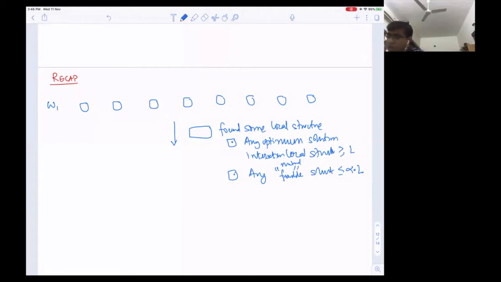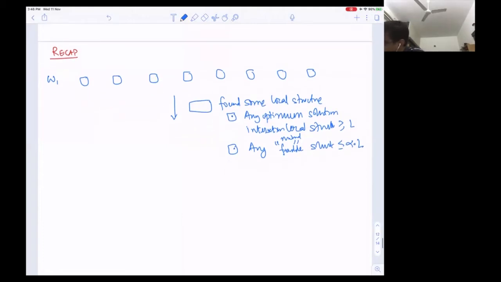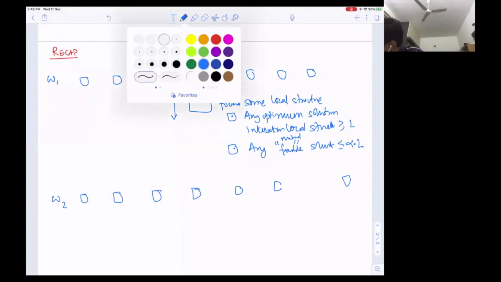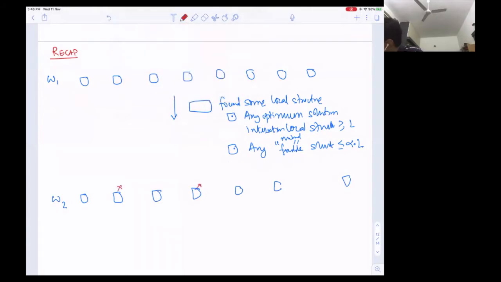Okay, so this is how we went around, and essentially how did we get from W1 to another weight function? It was essentially the same weight function, except at some coordinates we subtracted the same quantity. Okay, and what is the quantity we subtracted? We subtracted, since any optimum solution has weight at least L, minus L, the guarantee which was given to us.